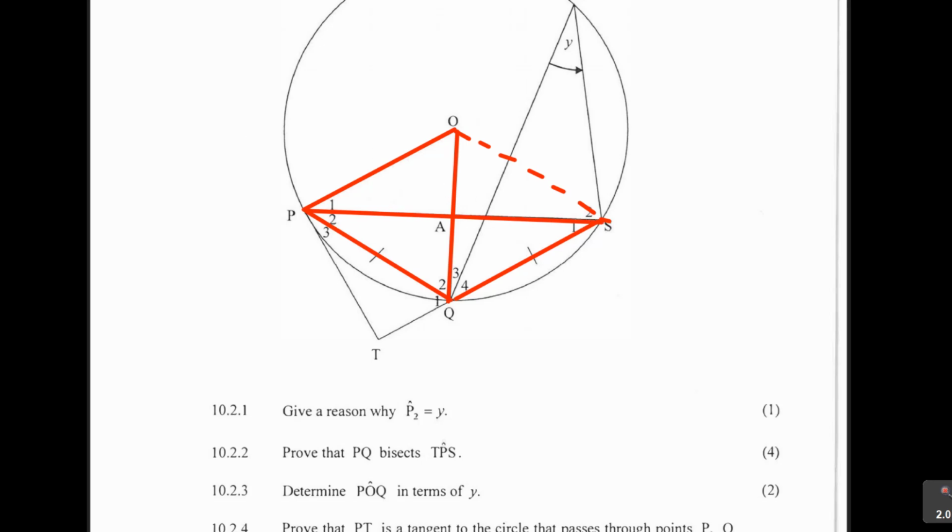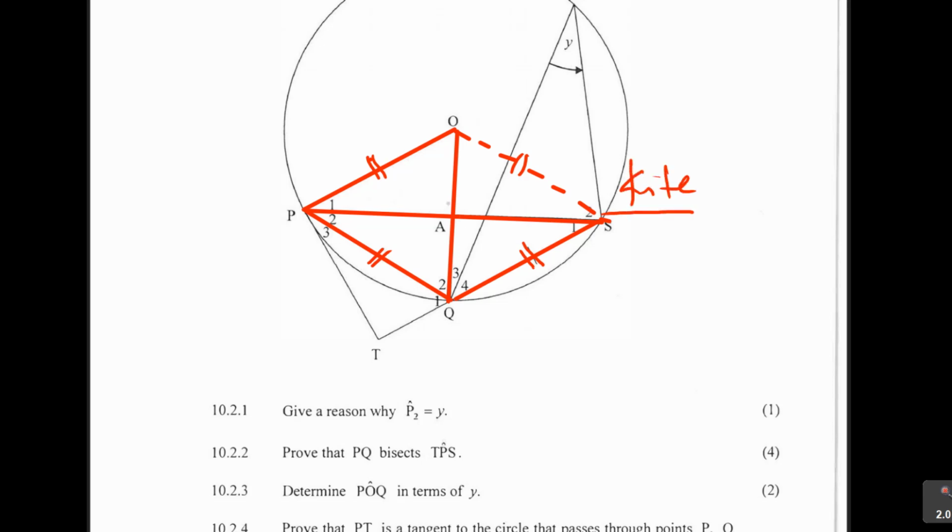Why do I call it a kite? I cannot say it's parallel lines, but I can use this to say we know that this is equal to this, and this is equal to this. Why? Because it's the radius. OP is the radius, OS is the radius. PQ and QS are given. So this is a kite.